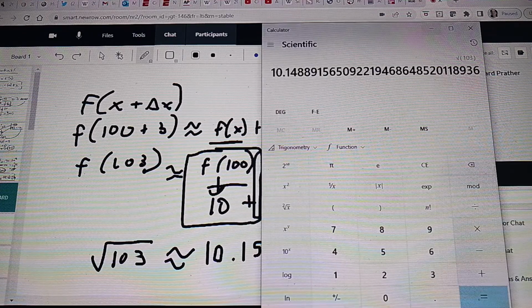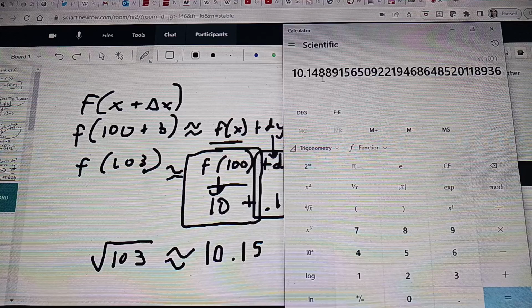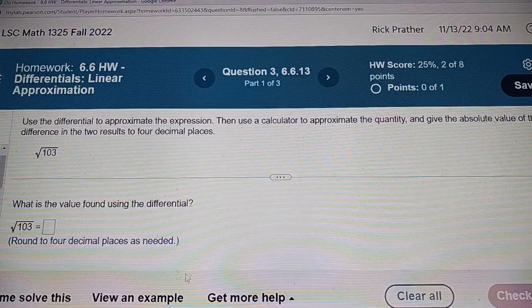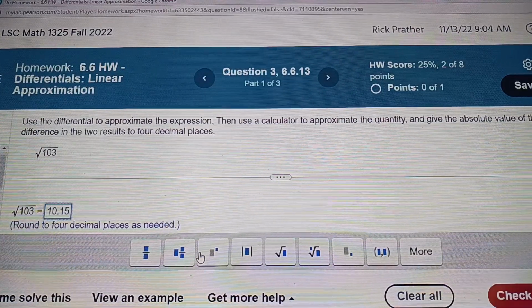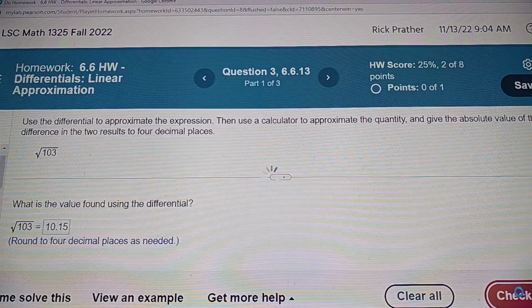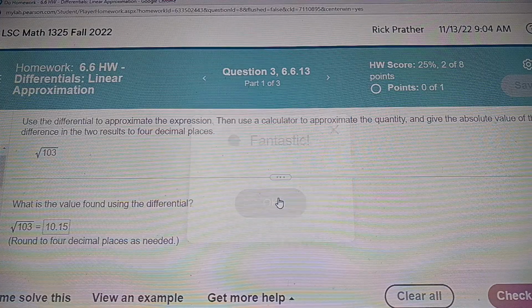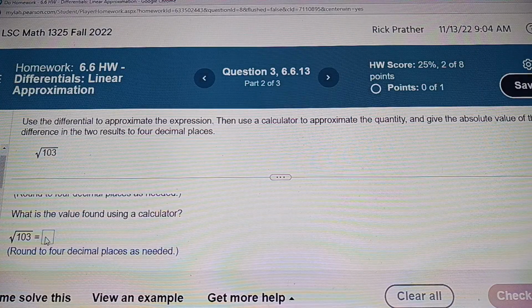And then we can know from a calculator that it's 10.14889. See, that's pretty close. 10.148 is pretty close to 10.15. What is the value? Okay, so round to 4 decimal places. The value I got was 10.15 exactly. There was no rounding going on. And then what is it in 4 decimals in a calculator?